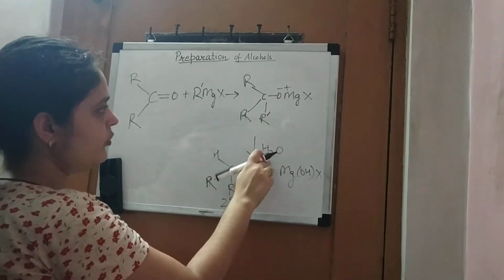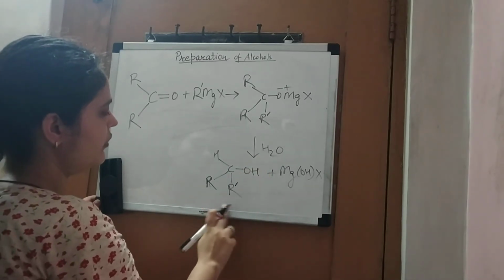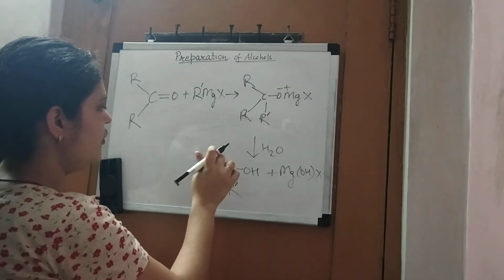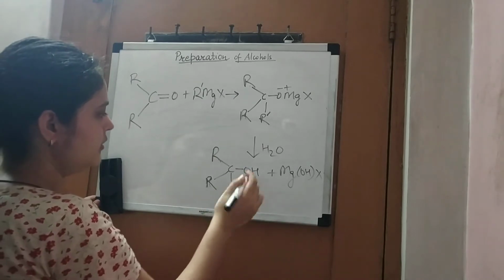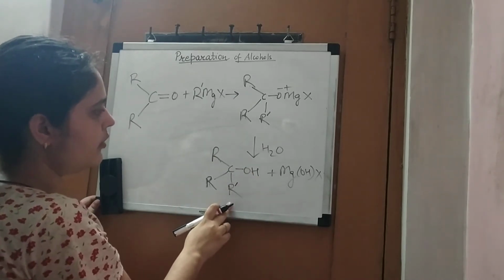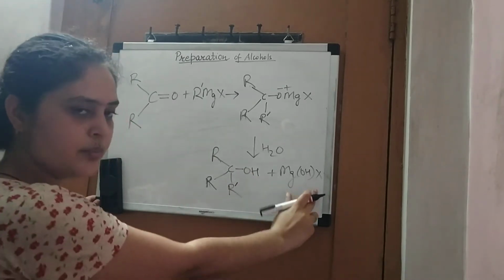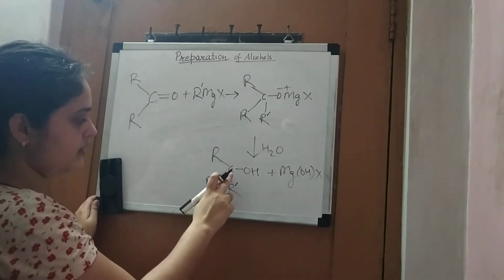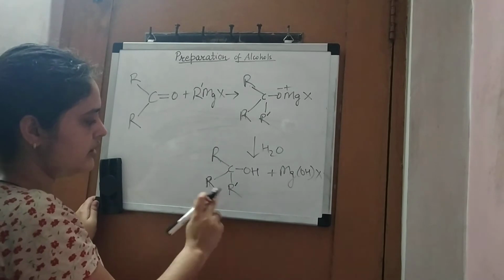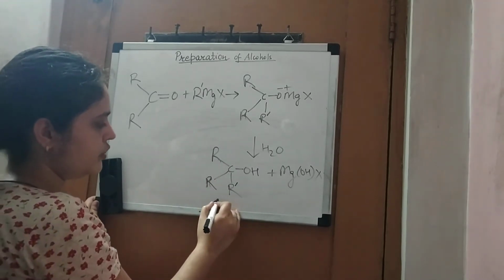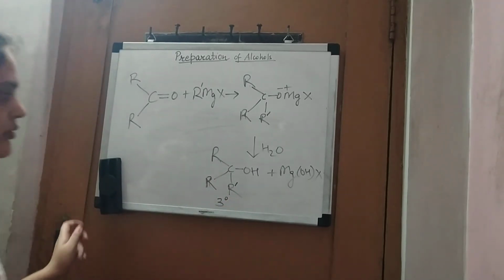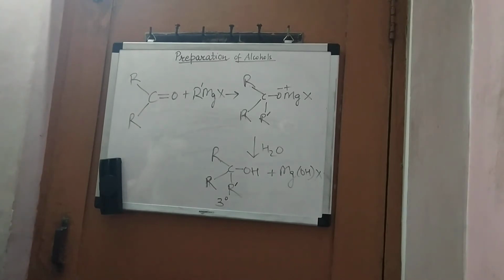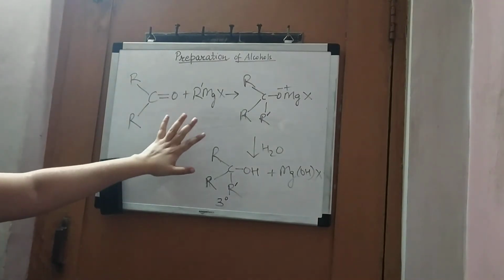Then you are adding water. So what will be formed? This alcohol is formed and Mg(OH)X is removed. This alcohol is tertiary because this carbon atom is attached to three alkyl groups. So this is the preparation of alcohol from Grignard reagents.